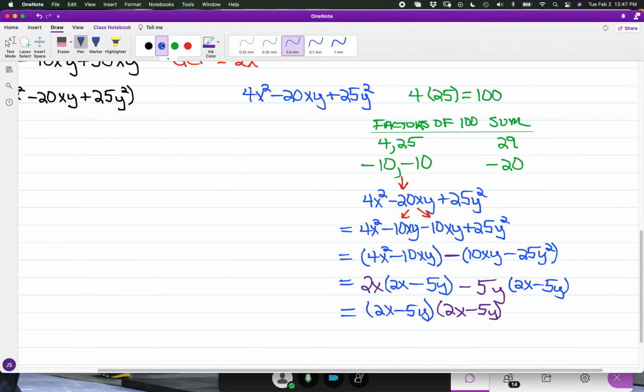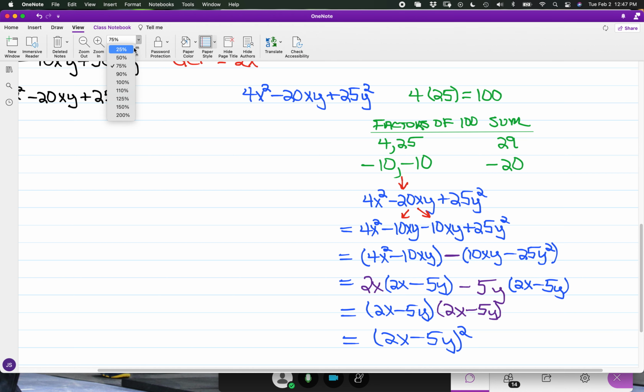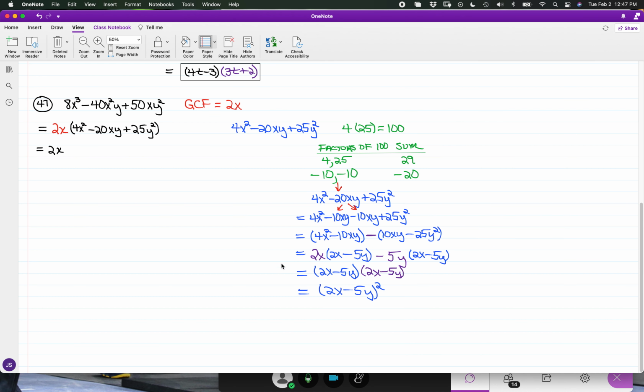And so in the end result, we have the quantity of 2x minus 5y raised to the second. Just looking at the overall picture, when I started out, I factored out 2x, and then I moved over to the side factoring this trinomial, which came out to 2x minus 5y squared.